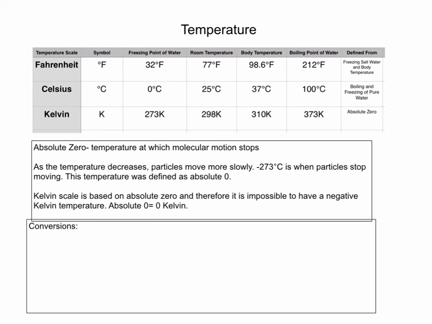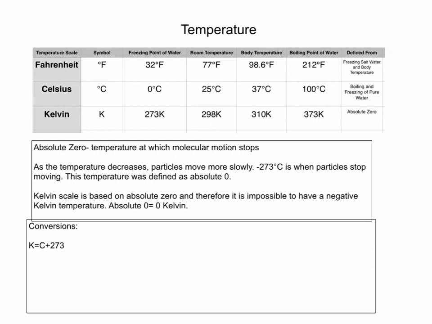The first one we'll look at is the relationship between Kelvin and Celsius. Kelvin equals C, Celsius, plus 273. And that's it. If you know your Celsius temperature, add 273 to it to get your Kelvin temperature.